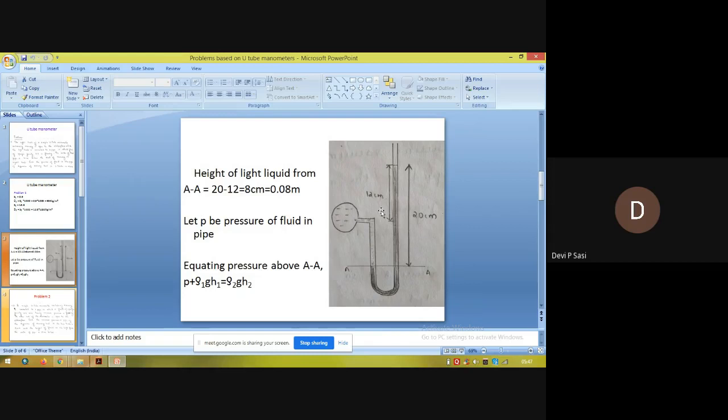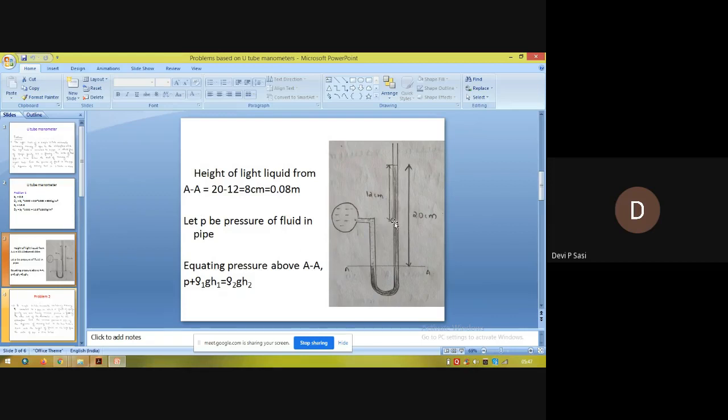Okay, so once more, from the question, it is clear that the manometer contains two liquids. One is a heavier liquid and the next is a lighter liquid. Then it is told that the lighter liquid possesses a specific gravity of 0.9, and in the right limb it contains mercury.